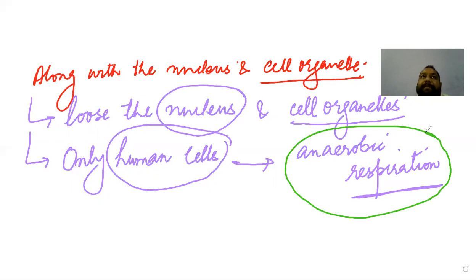Now, when the RBCs mature, during the first 2 days, many of these cells show traces of the DNA and the cell organelles. Those cells that are still showing the traces of the DNA and the cell organelles, we call them reticulocytes.